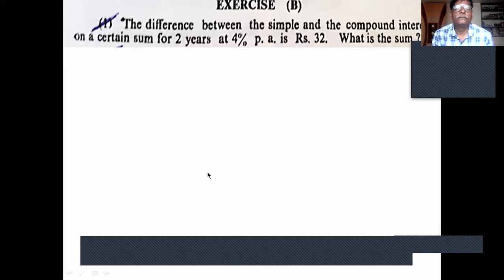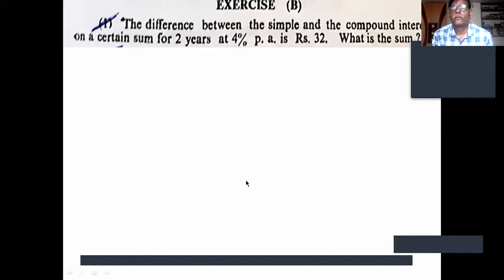Am I audible? 8 rupees, not percent. 8 rupees is the interest. If you calculate interest on rupees 100 for 2 years, that interest is 8. First year 4 rupees, second year 4 rupees. So total interest is 8 rupees.